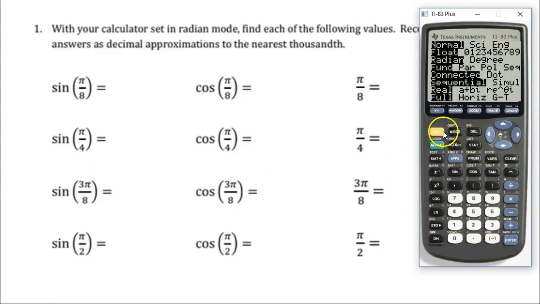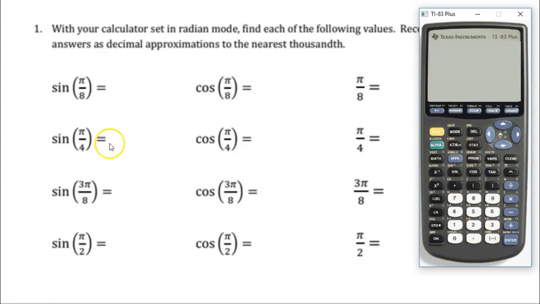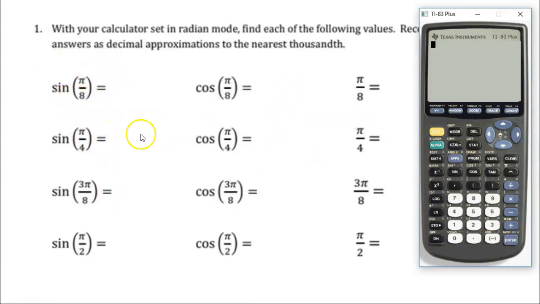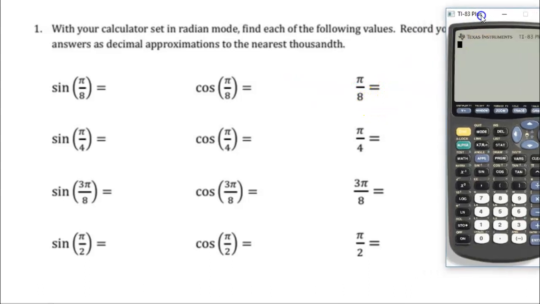We want to make sure that our calculator is on radian mode, and we want to find some of these calculations. What is the sine of pi over 8? What is the cosine of pi over 8? What does pi over 8 itself equal? And we want to look for patterns that go along with our picture on the page before.